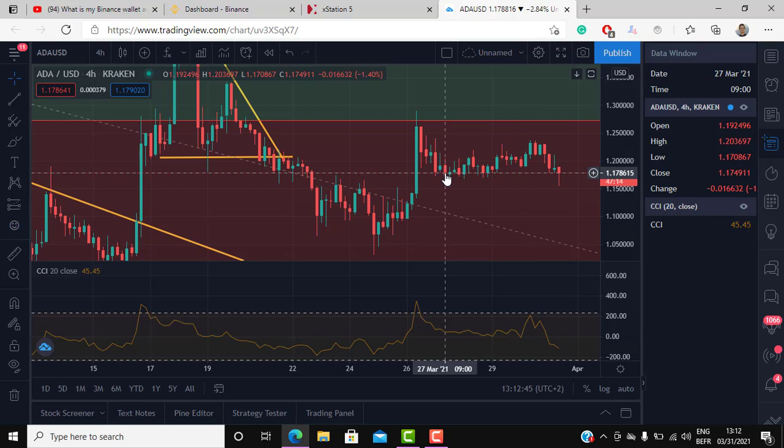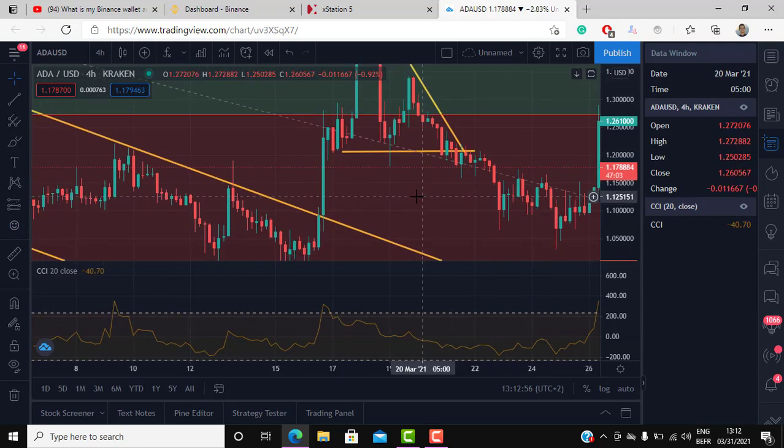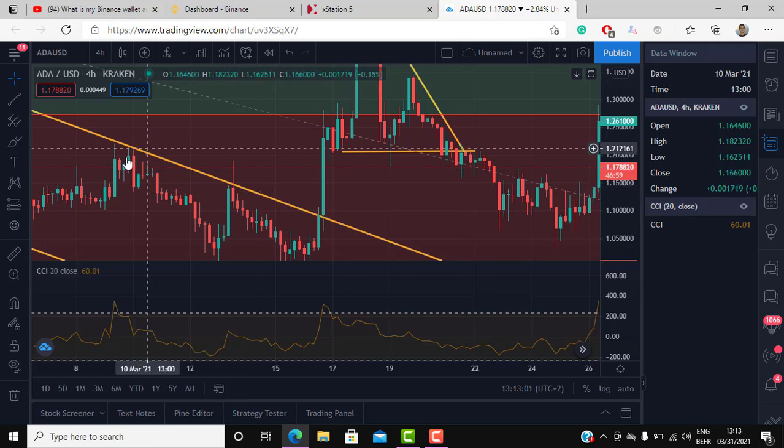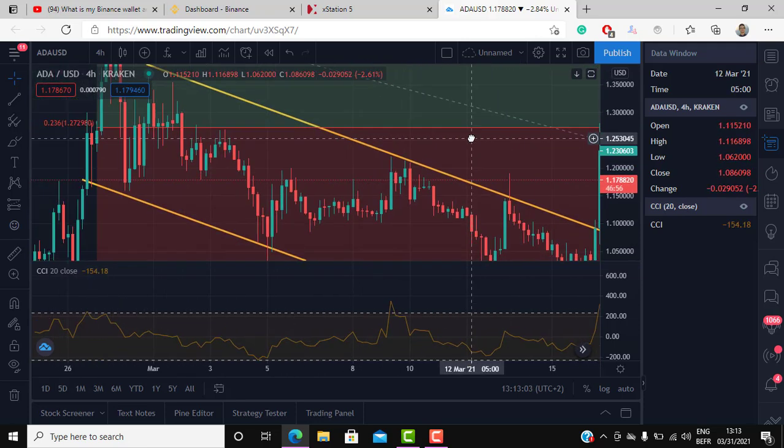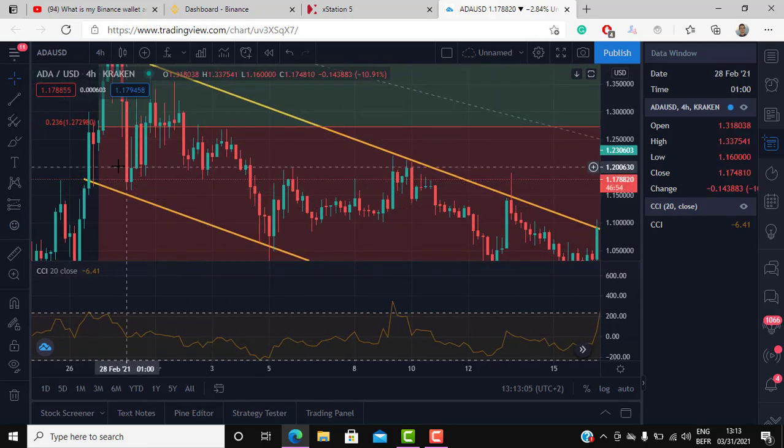Now we do have this support, the previous resistance here, of around 1.116, 1.117 area, and we are at that support at the moment. This area is also strong because we did have support around here, and we did have resistance around here, and going further back, we had support around here, support around here.